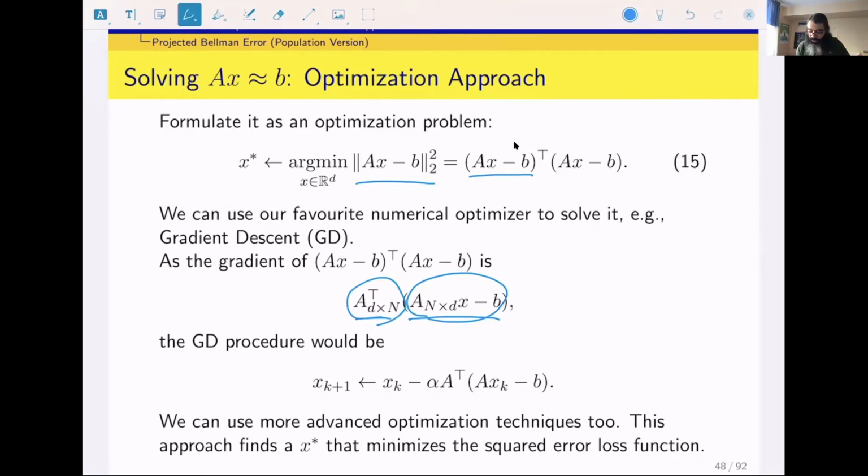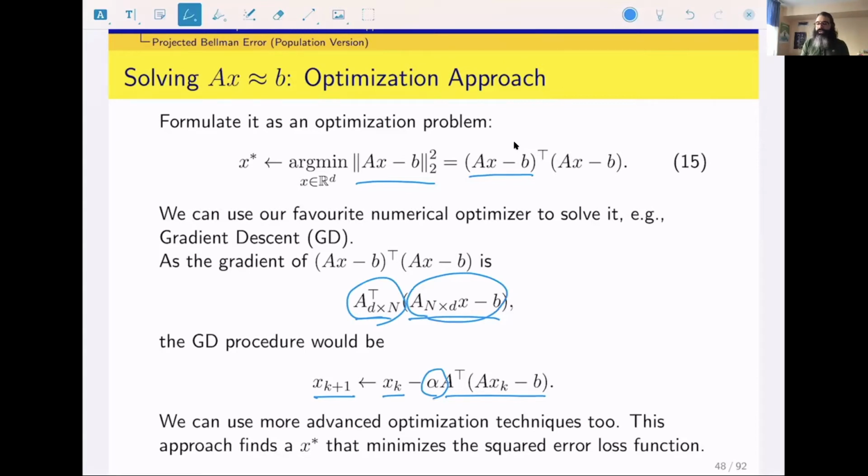The iterative approach would be: we start from some x0, and at the kth iteration, we take xk, compute the gradient, multiply by some step size that is small enough, and subtract to get x of k plus 1.